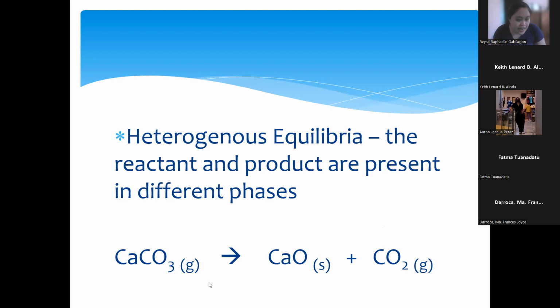So you have here a solid for the calcium carbonate, and then si calcium oxide naman ay solid, and then si carbon dioxide is a gas. So they exist in different phases. Two are solids, while the other one is a gas. So again, we call this heterogeneous equilibria. Okay?